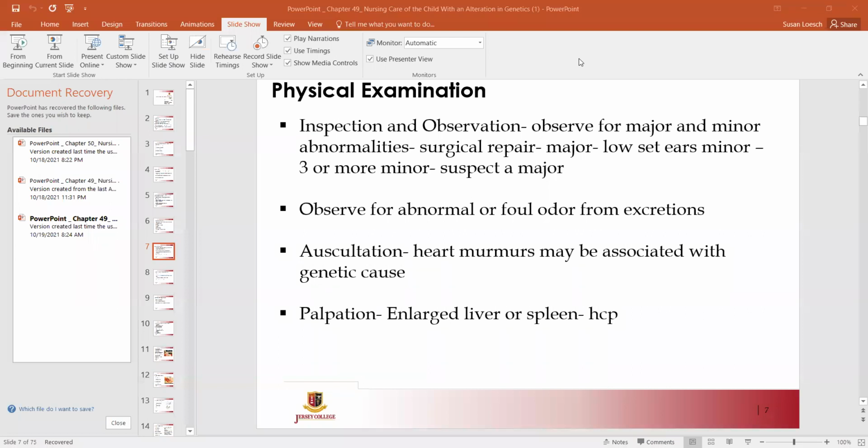Certain metabolic disorders can cause the child to emit specific odors, especially from things like their sweat, their saliva, their sputum. So these different odors are associated with different inborn errors. So one of these odors could be a mousy or a musty smell, and you would see that from PKU.